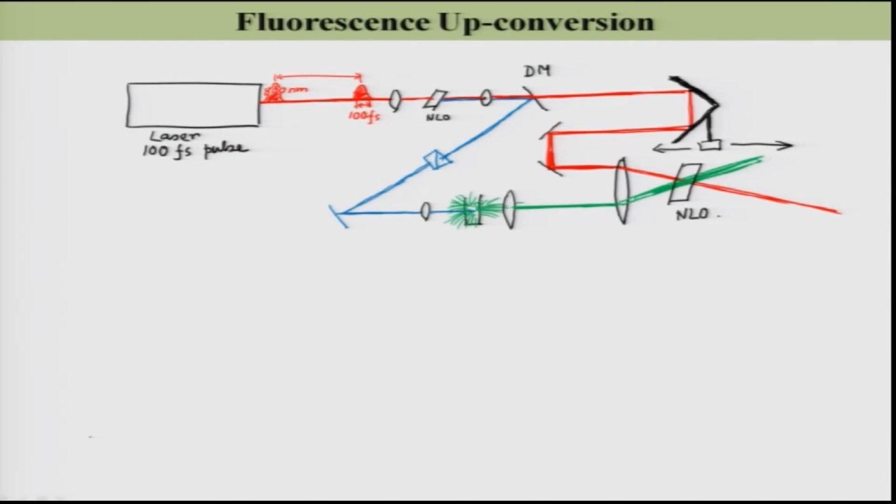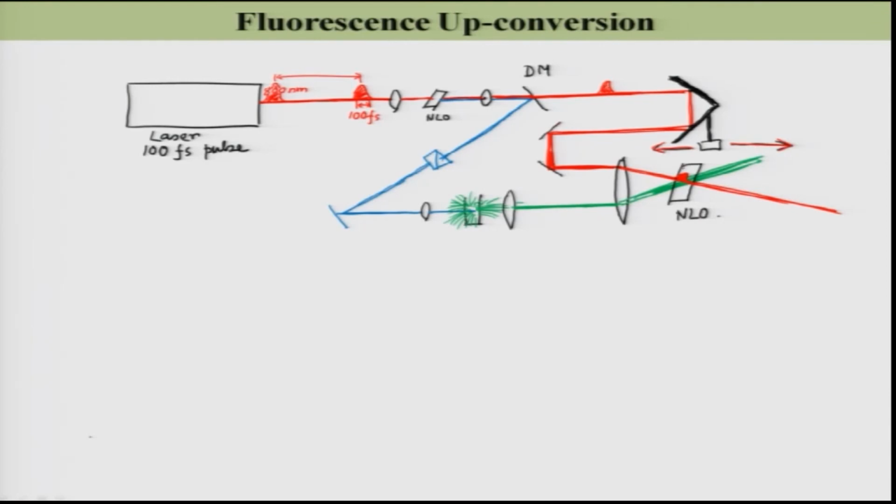But this pulse remains as this 100 femtosecond pulse, because only some of the pulse is converted, the intensity will go a little down, but eventually this pulse will still be here. When this pulse comes over here, you can guide it by pushing this delay stage in either direction, depending on when you want that pulse to come here.